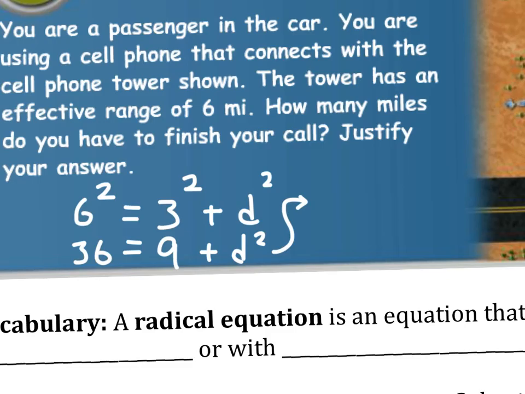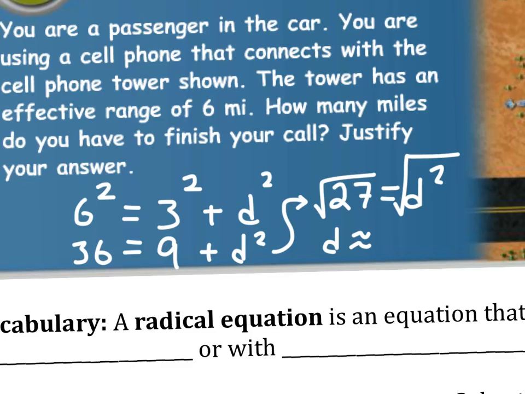Now I get 27 equals d squared. And of course, now we have to take the square root, so we're going to undo the square there. So in the end, d is about 5.2 miles to go.